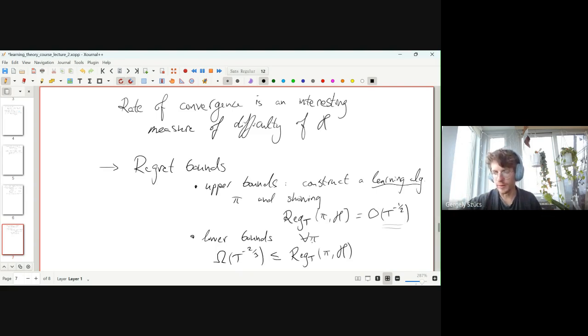So this can sometimes be tricky to prove because there can be a lot of different learning algorithms. So showing that no learning algorithm can do better than something can often be tricky. But it gives you some insight into the nature of the hypothesis class. So this can be good things to work out too.